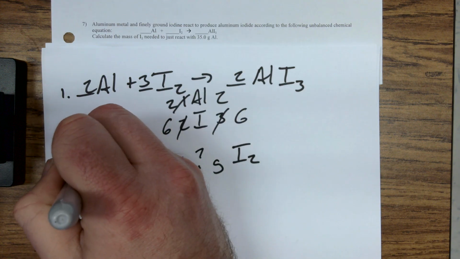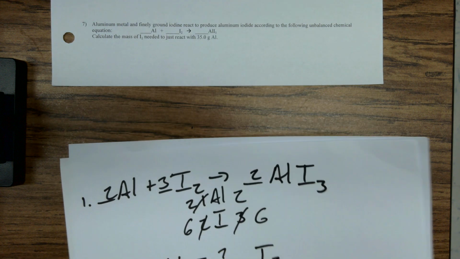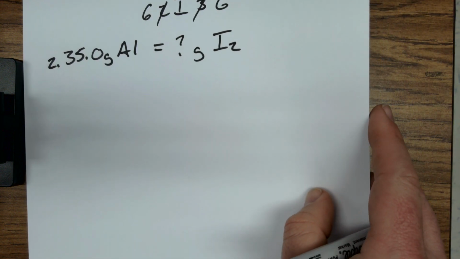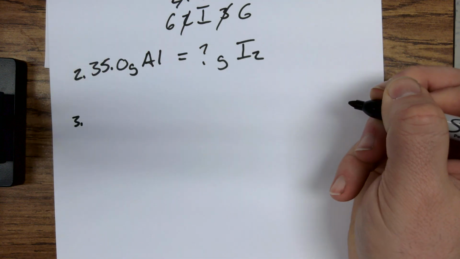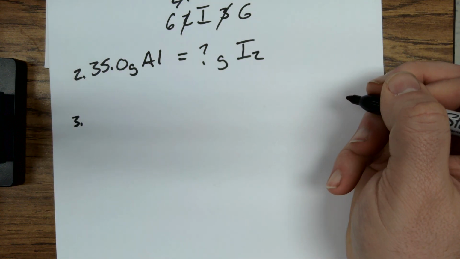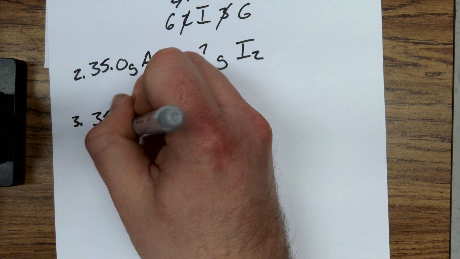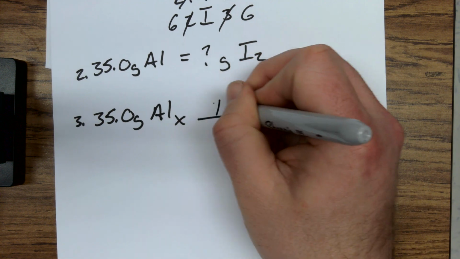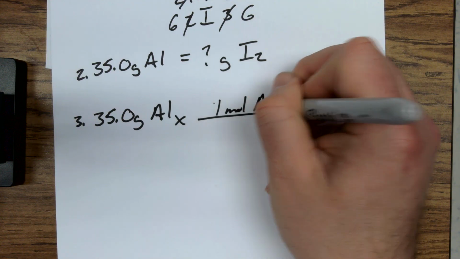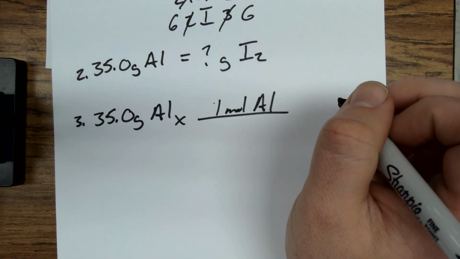Step 1, step 2. Now, I have to do step 3 because my material is in grams, and I need it in moles to put it into my mole ratio, right? So 35.0 grams aluminum to get 1 mole aluminum. What is the molar mass of aluminum?